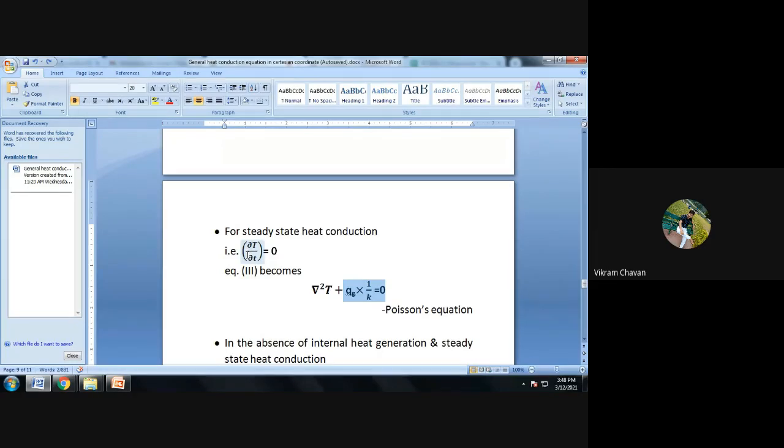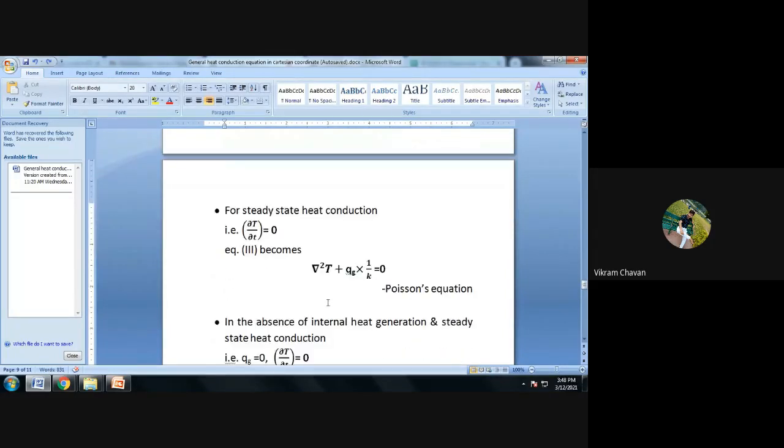When we apply this condition to equation number 3, we get Poisson's equation, which is del square T plus Qg divided by K equal to 0. Getting everyone?